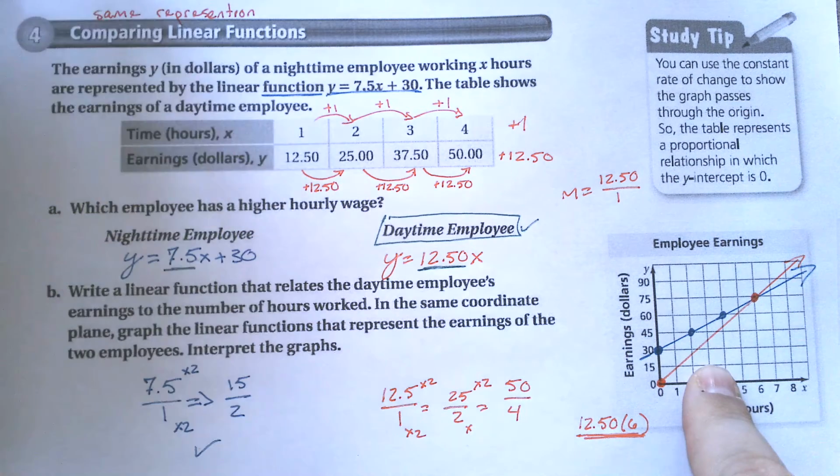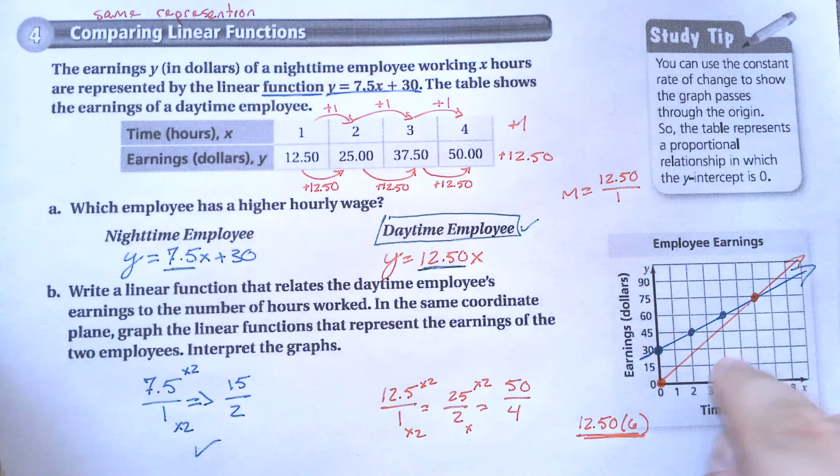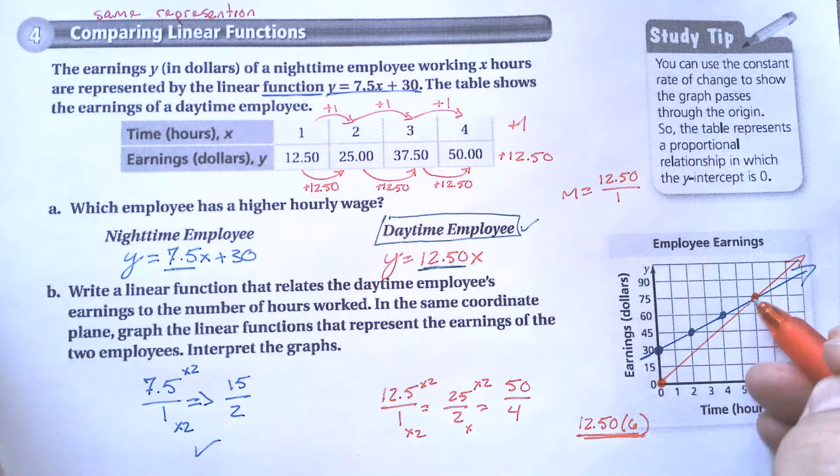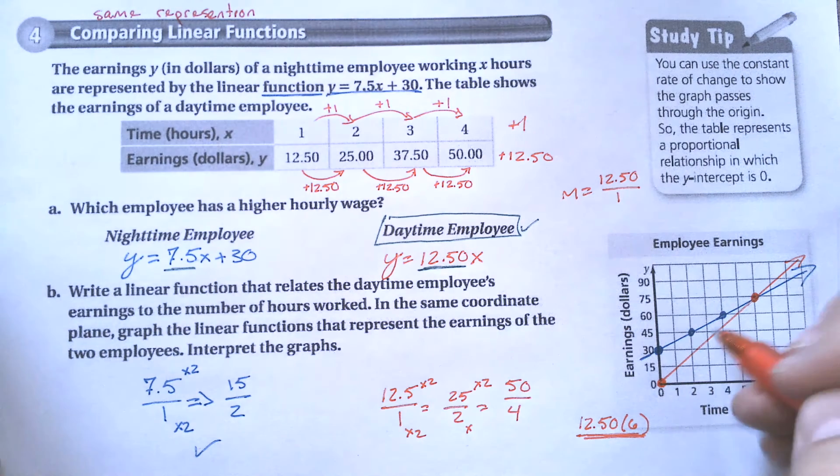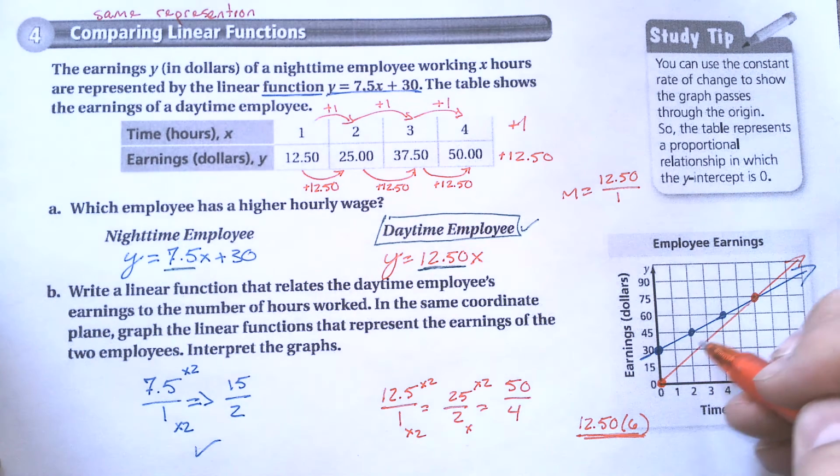What this graph is telling us, because remember, we're comparing, is that I will actually make less money at the end of the day until I work 6 hours, because the orange graph is always below the blue graph. My goodness, I couldn't think of the color.